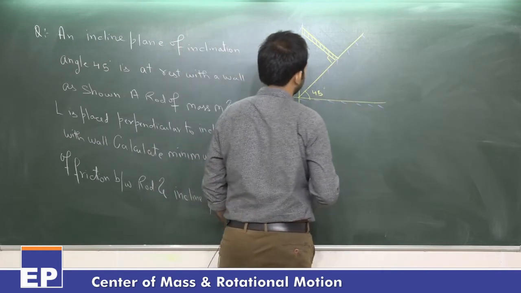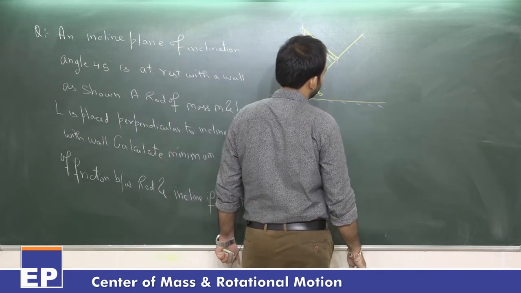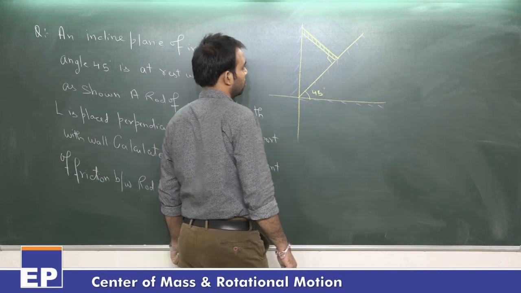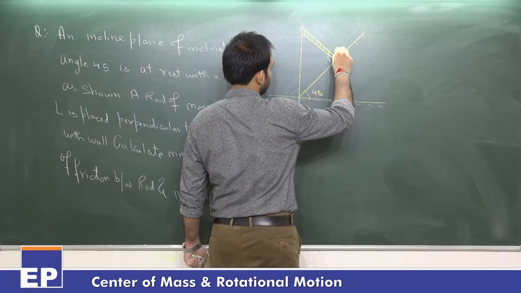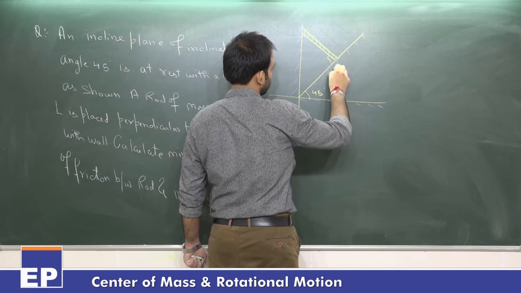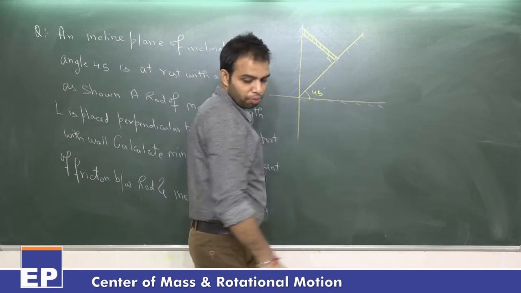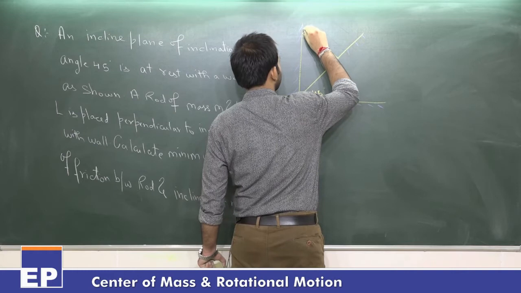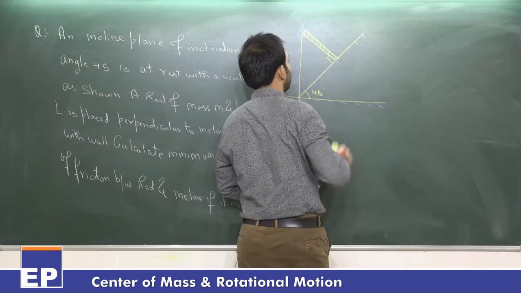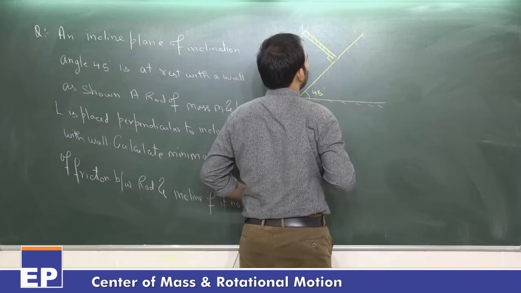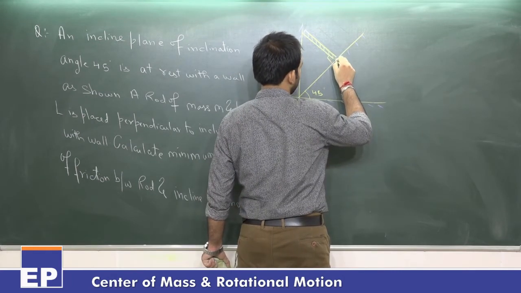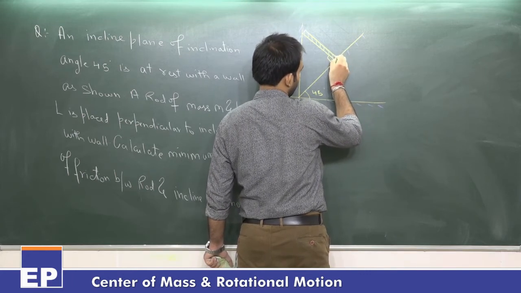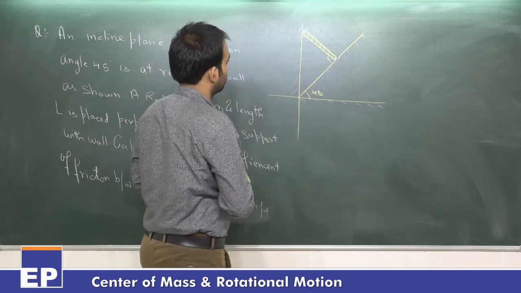Right. So we have to calculate, if it is not slipping, the value of all these things. If you make it more clear, it is like this.